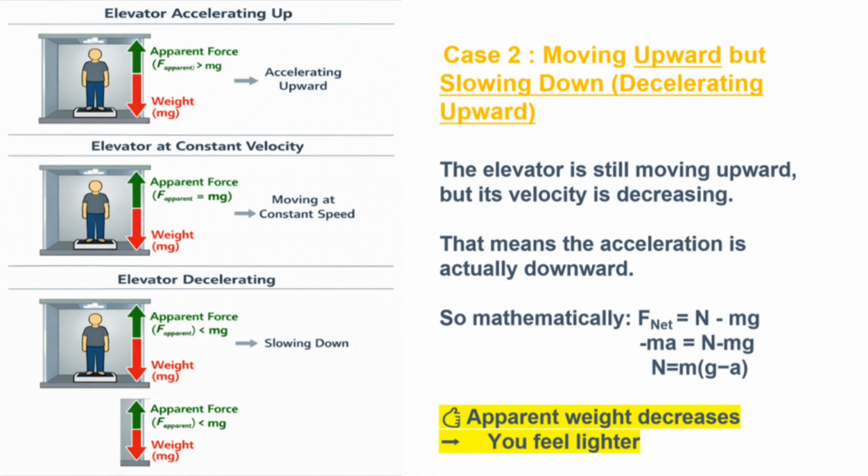So using the same equation, F net is equal to N minus mg, we'll use minus ma equals N minus mg. So rearranging this equation will give us the normal force as mass times the gravitational acceleration minus the acceleration of the elevator. So apparent weight decreases and you will feel lighter in this case.